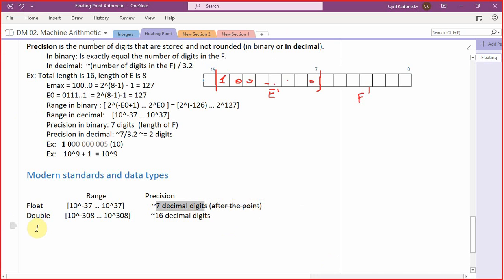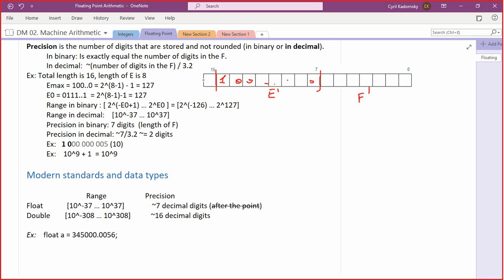For example, if I have a float variable in some program equal to 0.056, like this, a fractional number, right?